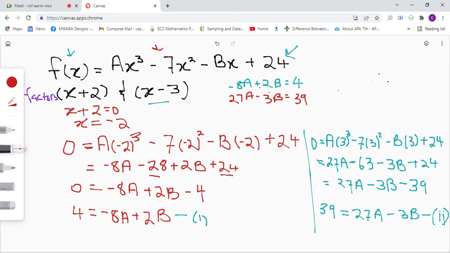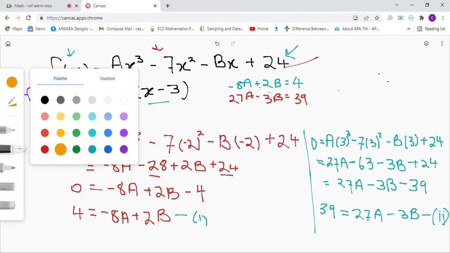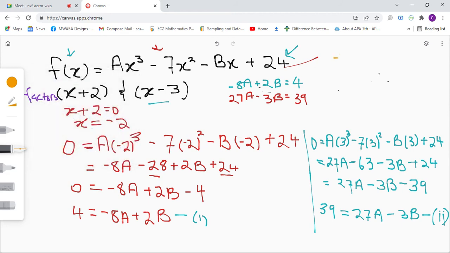For negative 8a plus 2b equals 4, if we divide throughout by 2, negative 8a divided by 2 gives negative 4a, and 2b divided by 2 gives b, and 4 divided by 2 is 2. So negative 4a plus b equals 2.